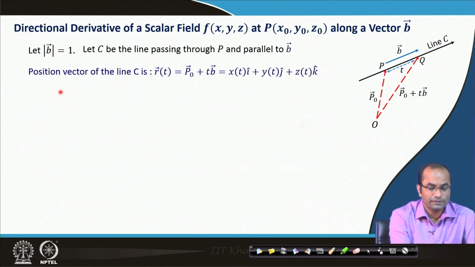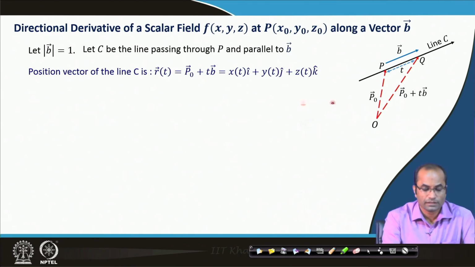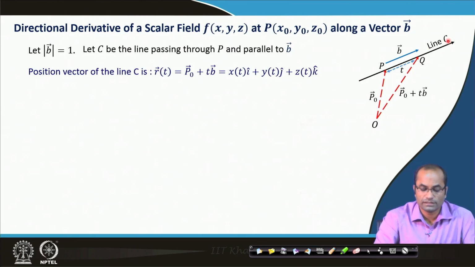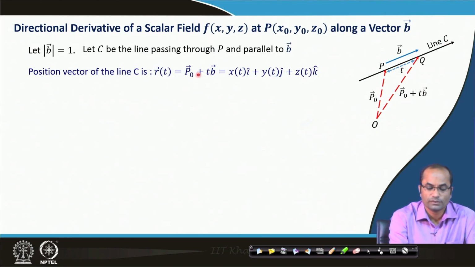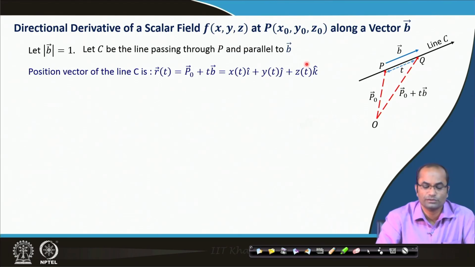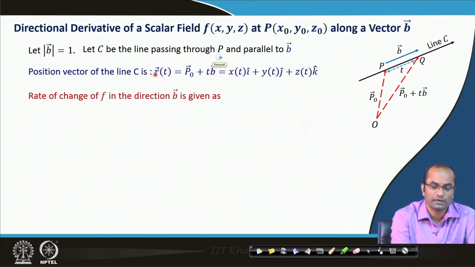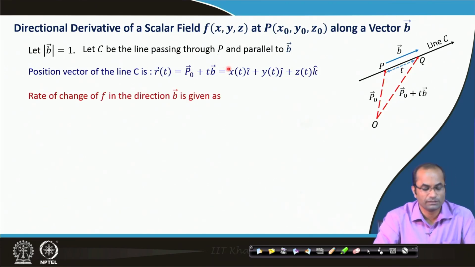If we consider the position vector of points on this line C, it will be given by p 0 plus t b, or we can define it by the general functions x t, y t and z t, but since b and p naught are given, r t will be given by p naught plus t b.